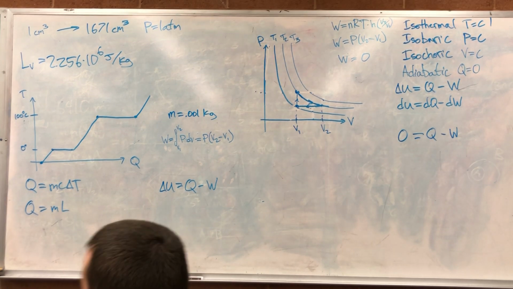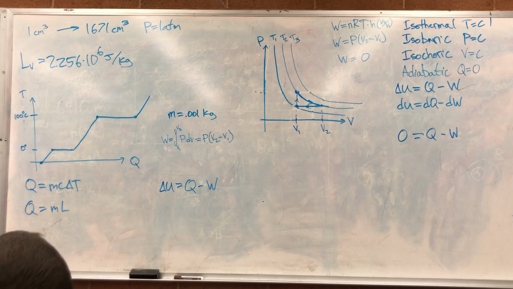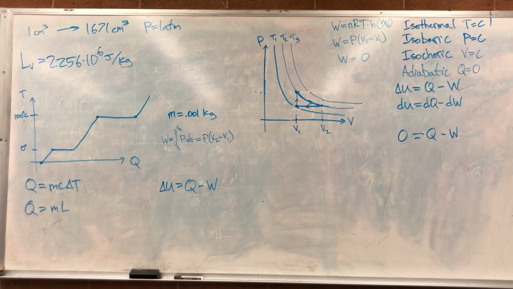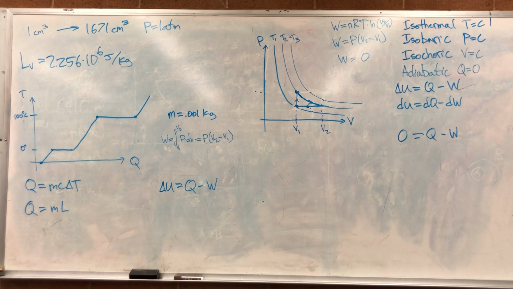So we can calculate this. 1 atmosphere, we need to get that in terms of pascals. That's 1.013 times 10 to the 5. So calculating the work, 1.013 times 10 to the 5, that's our pressure, times now our change in volume.